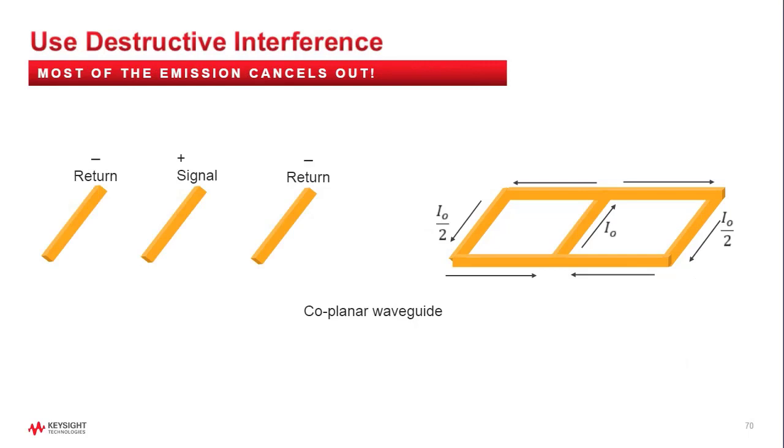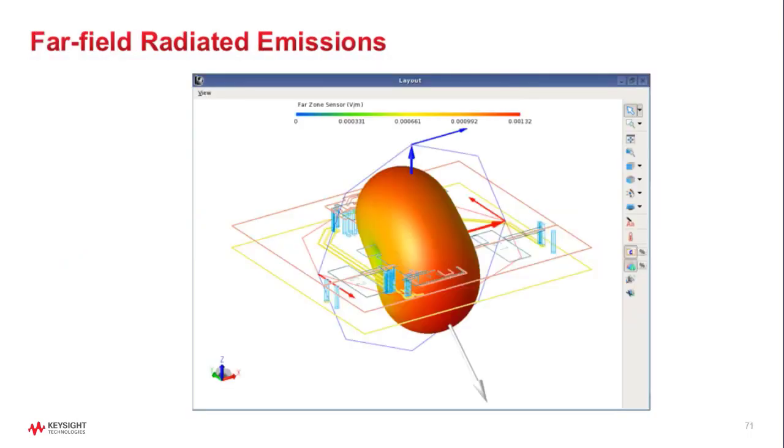One way to clobber a loop antenna is to create a loop that will radiate in the opposite direction effectively. And this can be done in a coplanar kind of configuration. That's one of the reasons coplanar is very popular.